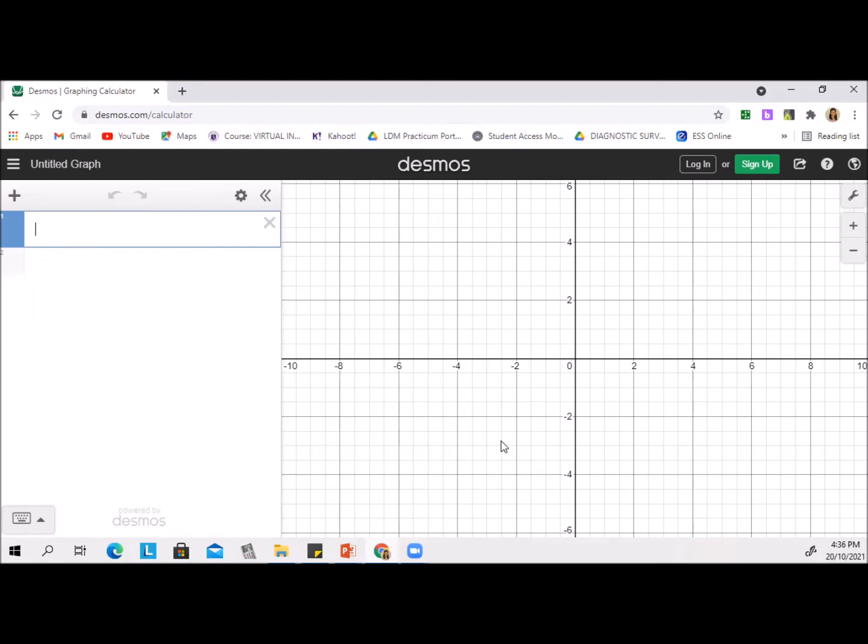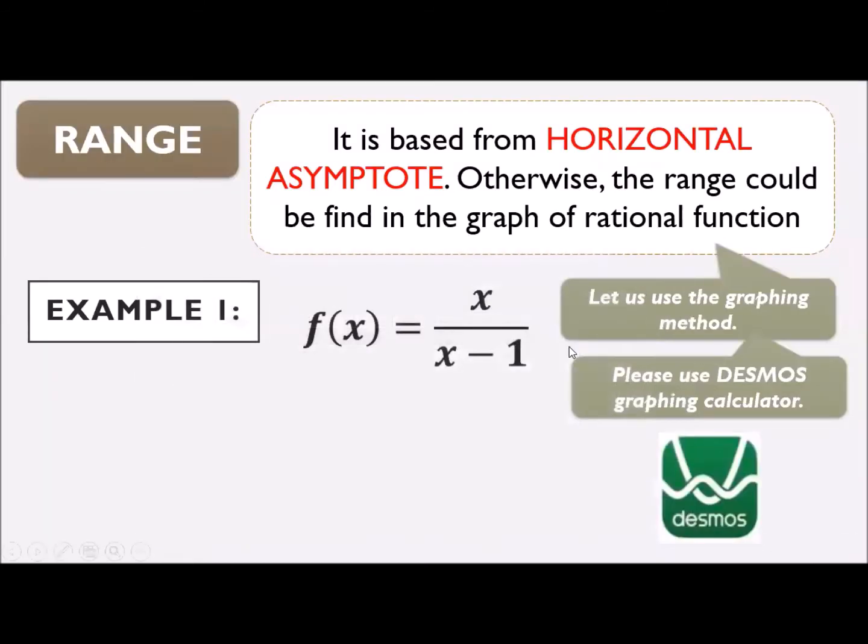Okay? So, kanina, ang gamit natin ay, instead of typing f of x, pwede naman nating i-type rin na y because they are equal. So, y is equal to x over x minus 1.